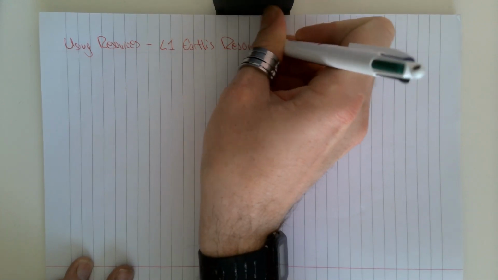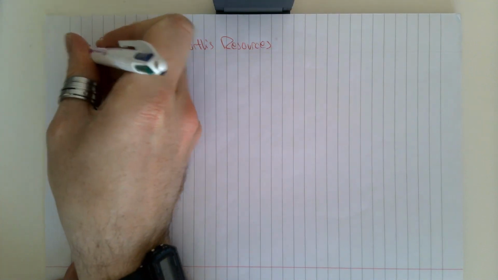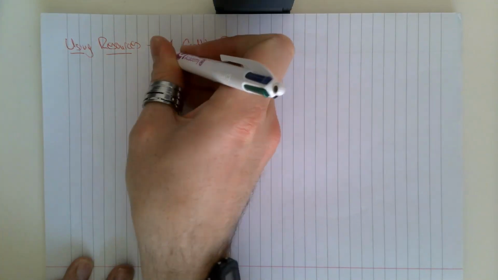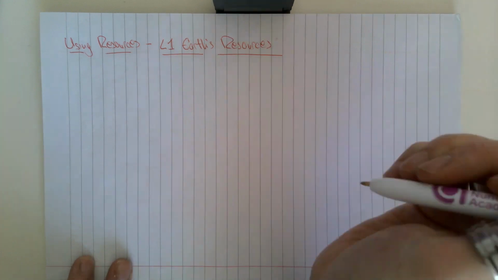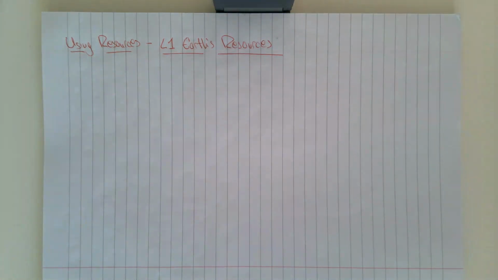Now, what we're going to do here is build up just some key notes and a sort of key revision page or a couple of pages that just allow us to summarize the content of the first lesson of this unit, which is all about looking at resources that we find on planet Earth and how we differentiate between them and how we utilize them.